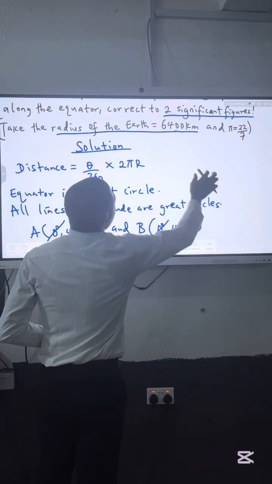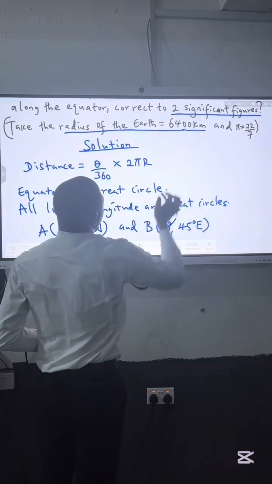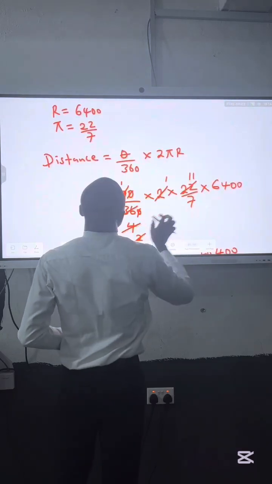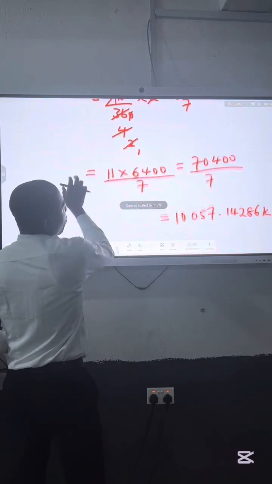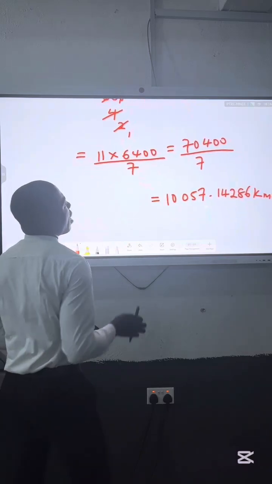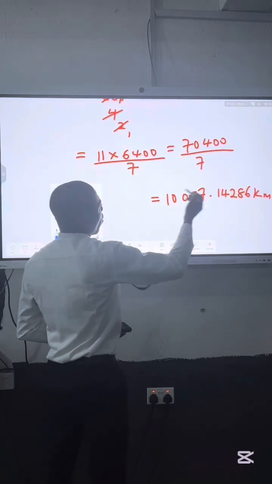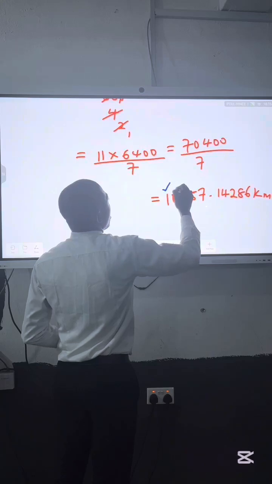But please remember, if you go back, the question says you should leave the answer to 2 significant figures. So we return and obey the instruction. 2 significant figures means start your counting from the left hand side. This is 1 and this is 2.